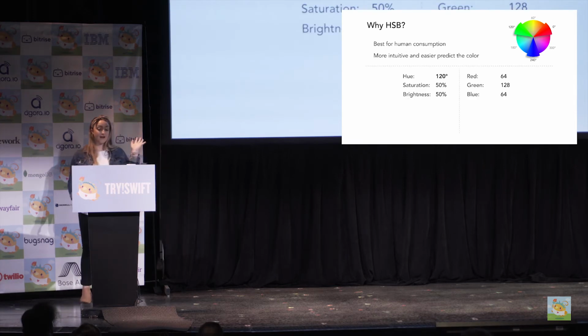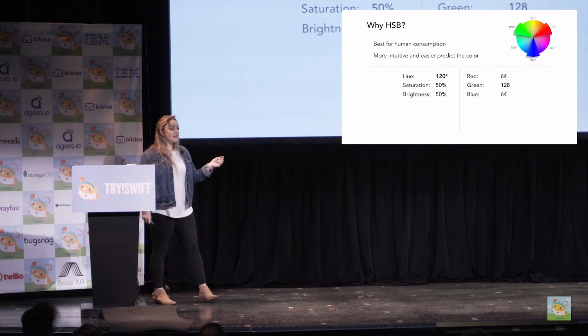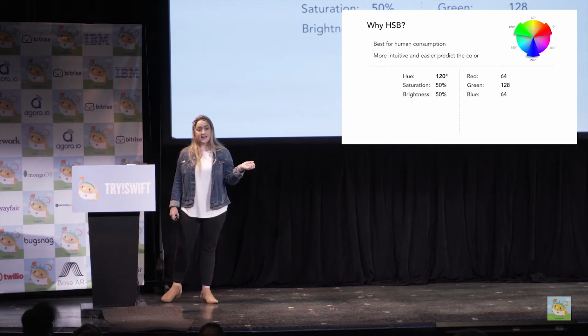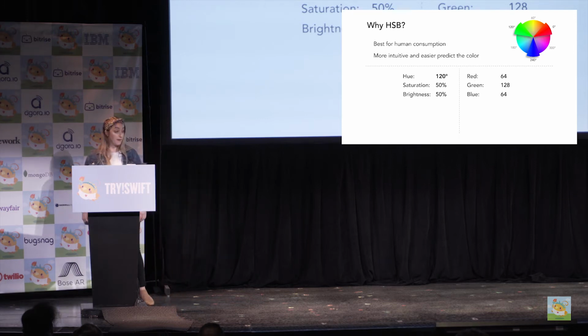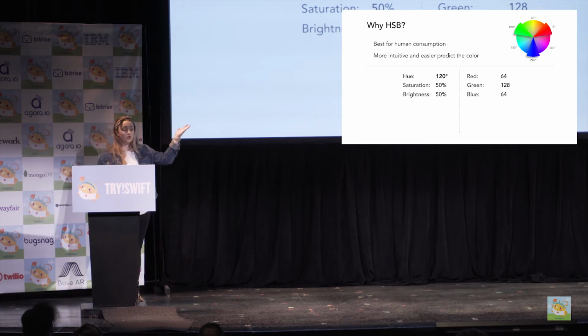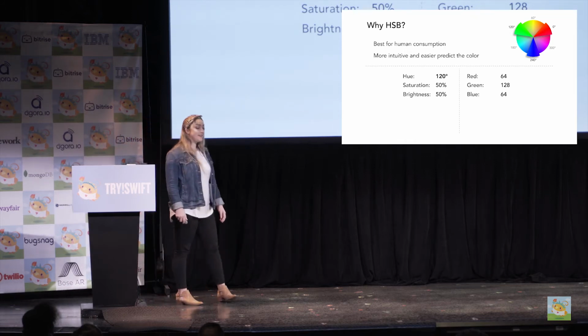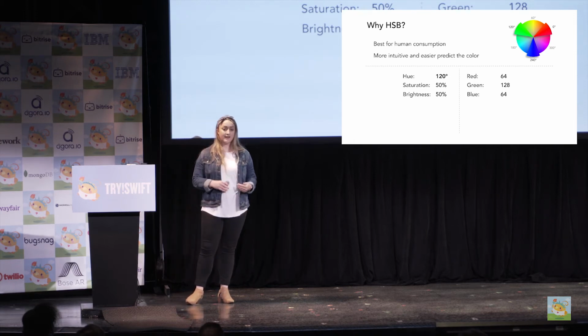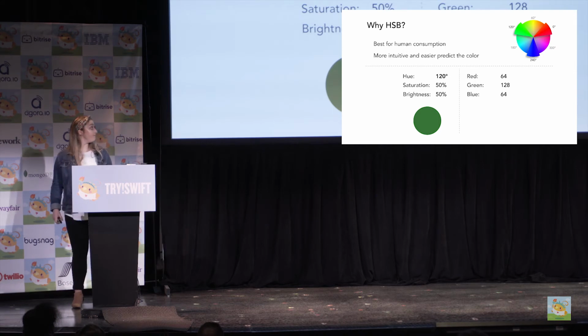Now here on the left, we have an example of a color where the hue is at 120 degrees, and the saturation and brightness are both at 50%. Now, if you remember from earlier on our color wheel, green is represented at 120 degrees. So I think most of you can probably guess that this is going to be a half bright, half saturated green. Exactly that one.